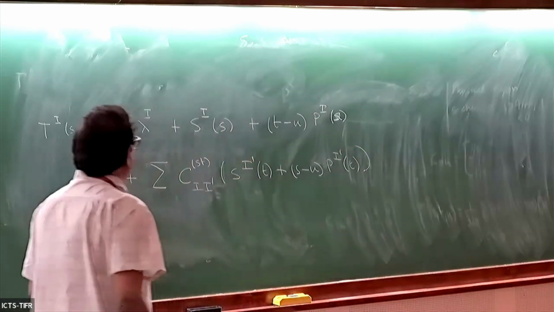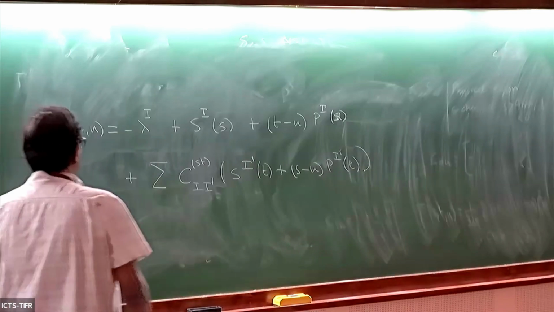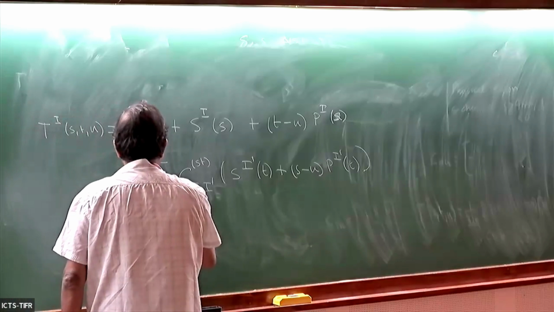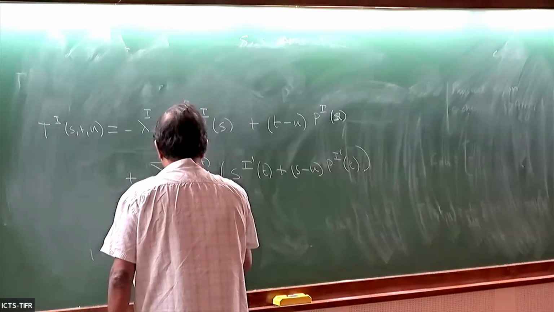Am I done? No, I'm not done, because we are not allowed just to cross between S and T. You should also have to cross between S and U. So there has to be one more contribution to this, which is going to look like C_SU of I I prime.